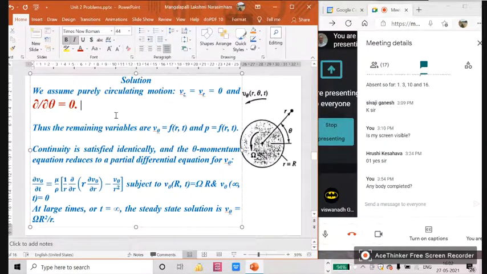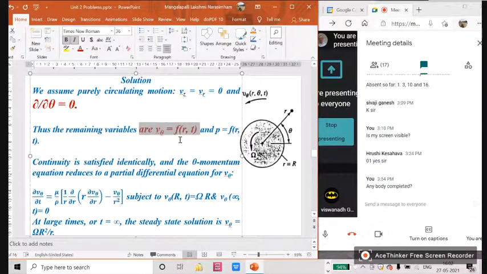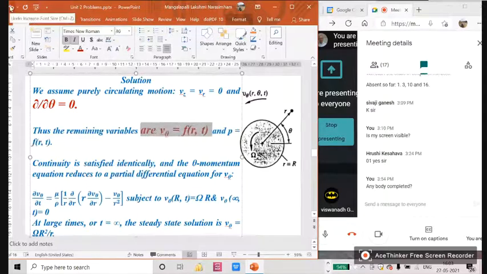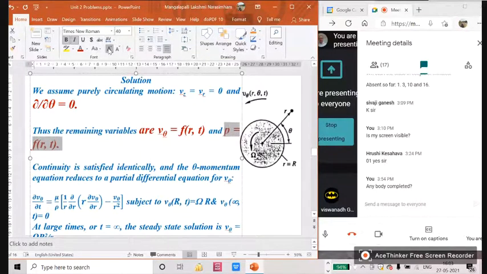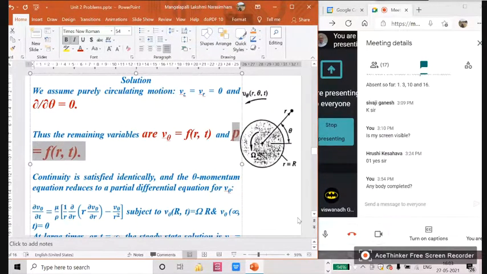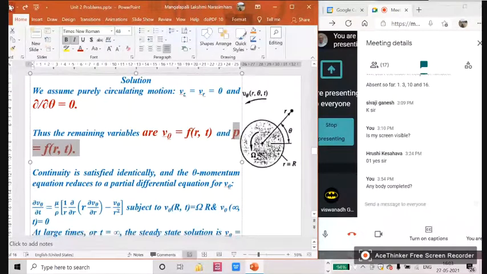So this will result in v theta being a function of r and t only. Right? Similarly, the pressure also is a function of r and t.